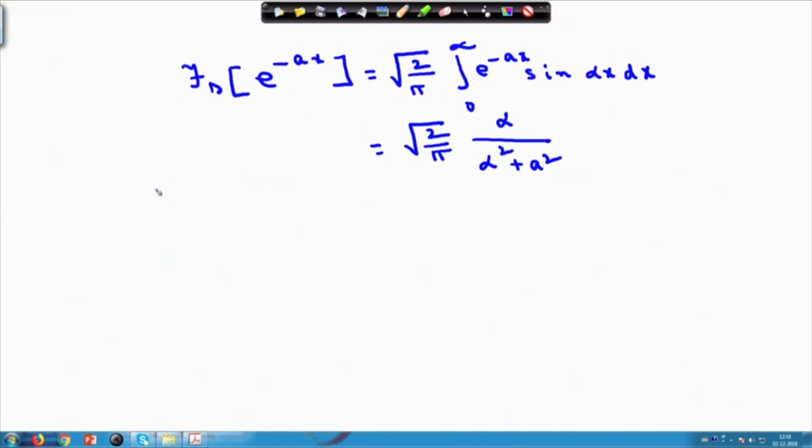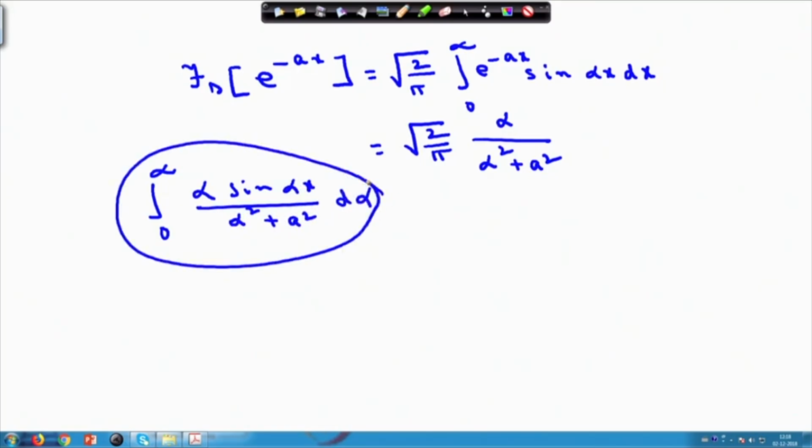And now I have to evaluate this integral alpha sin(alpha x) by alpha square plus a square into d alpha. If you note, this thing is common. The Fourier sine transform of e^(-ax) is alpha by alpha square plus a square, which I have obtained over here.